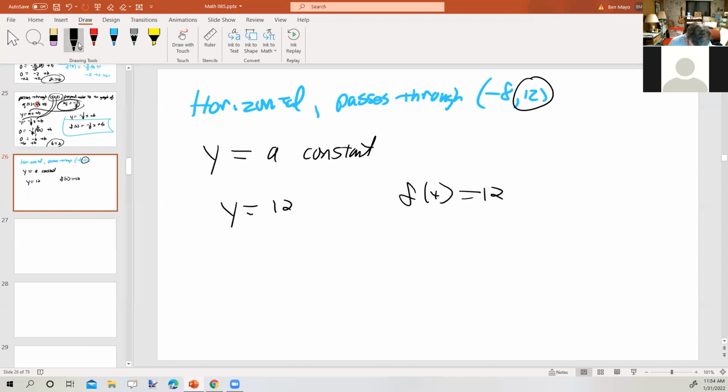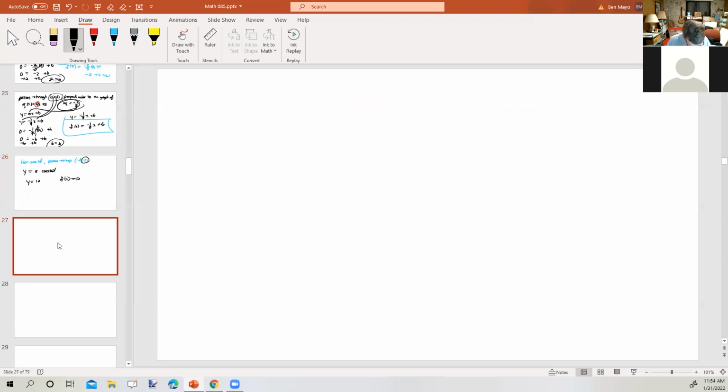Now, let's take a look at an application problem. It says the demand for full-time registered nurses in the United States can be modeled by a linear function. In 2005, approximately 2,175,500 nurses were needed.